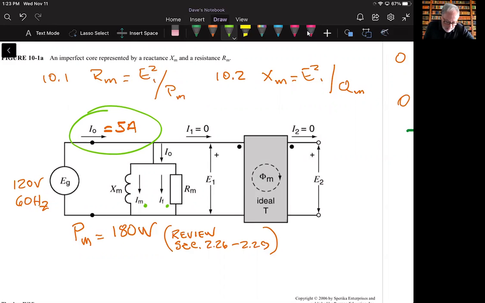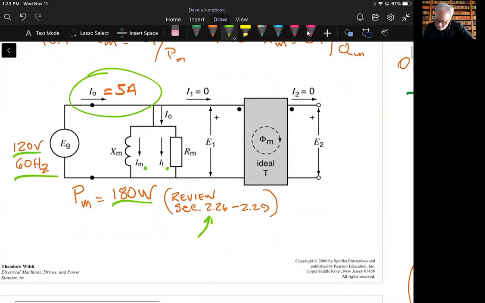It says when the primary is connected to a 120 volt source at 60 hertz, from a wattmeter test, it's shown that the iron losses are equal to 180 watts. Again, these iron losses, the eddy currents and hysteresis, can be reviewed in section 226 through 229. And it asks us, first off, what is the reactive power absorbed by the core?